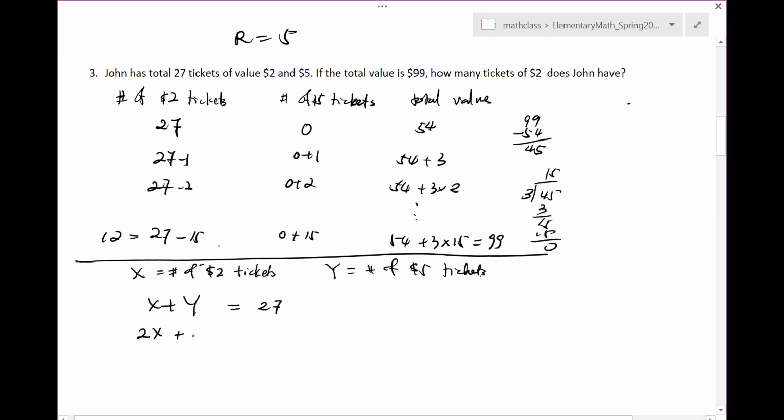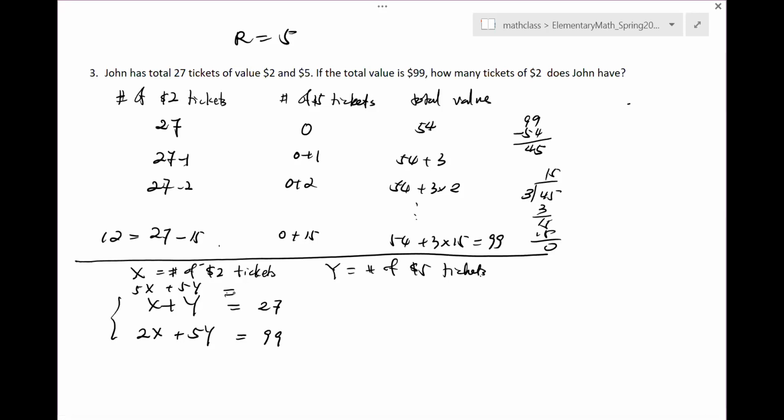Every ticket is $5, so 5 times Y. The total is 99. Okay. All right. Now you want to find out the number of $2 tickets. So in that case, if you want to use subtraction, you have to multiply by 5. 5Y, you want to get rid of Y first. Okay. 27 times 5.